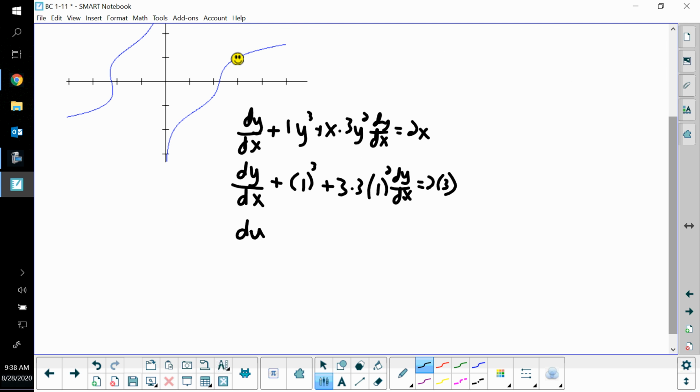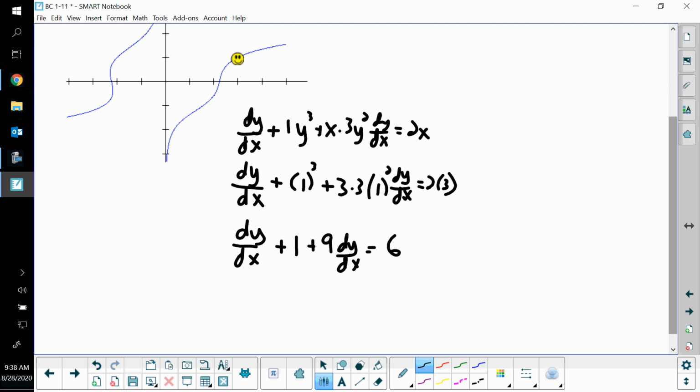So this would give us 1 plus 9 dy over dx is equal to 6.